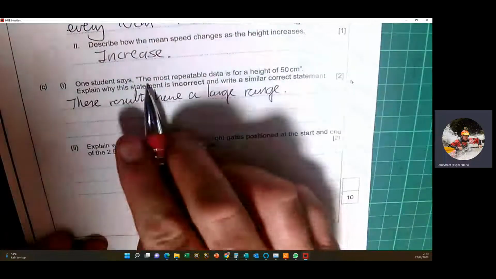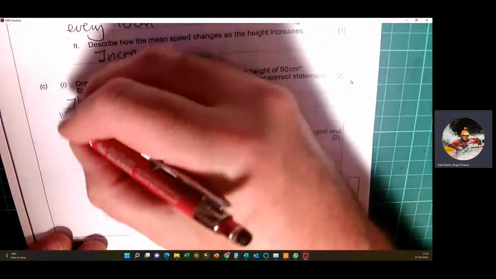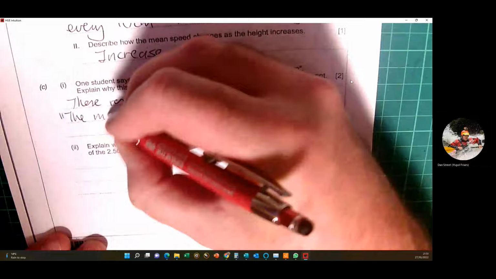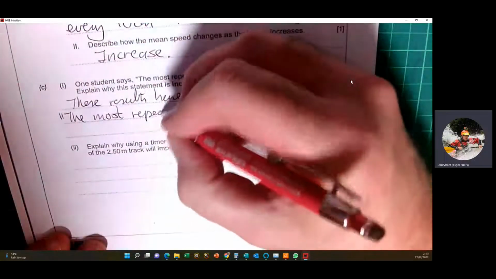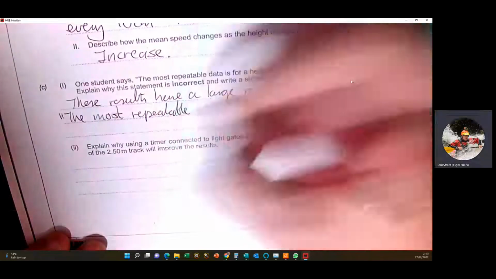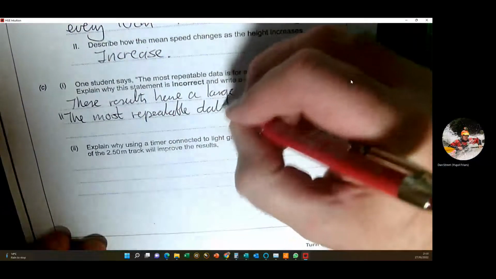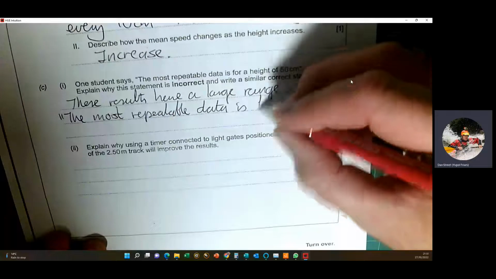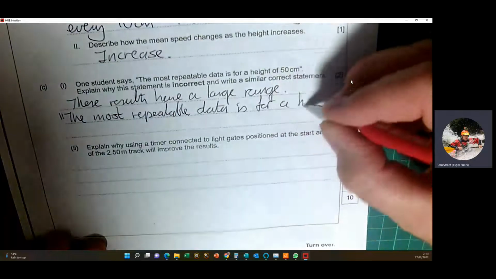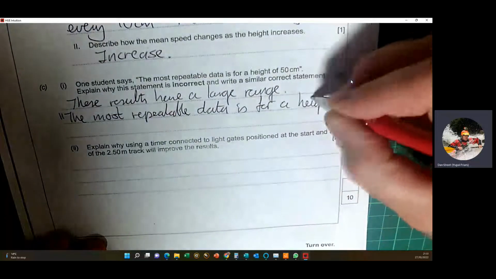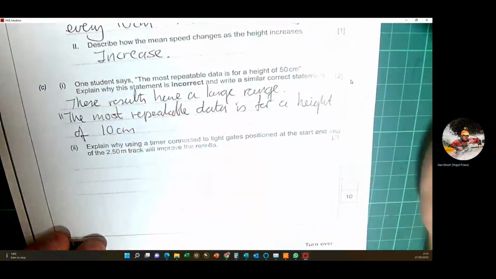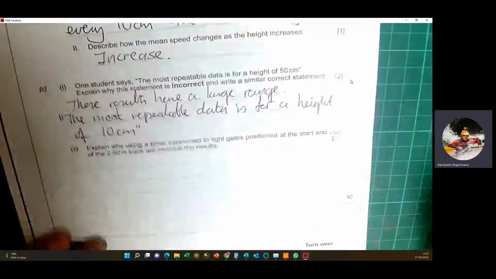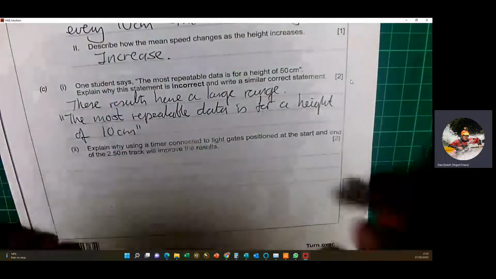And then if we rewrite this sentence, we could say the most repeatable data is for a height of 10 centimeters. Okay, because that data is far closer together.